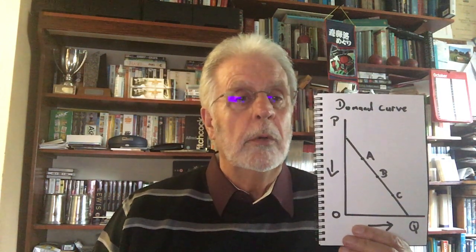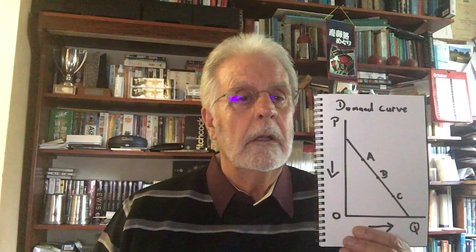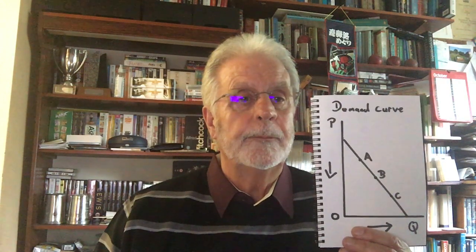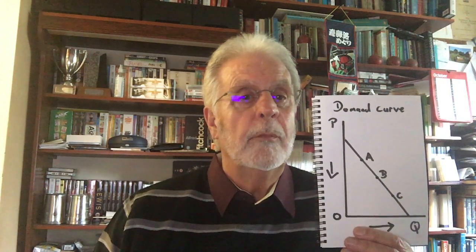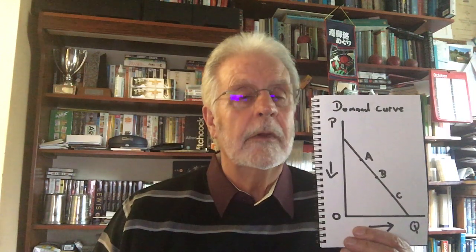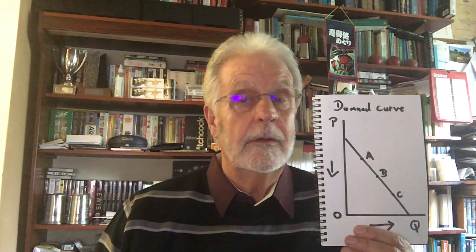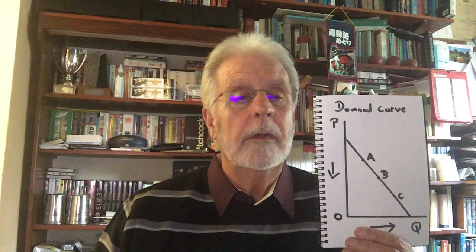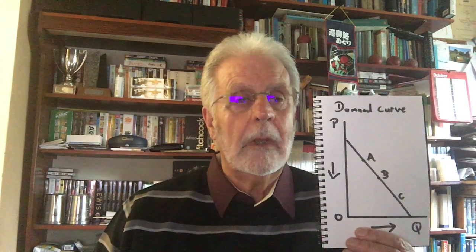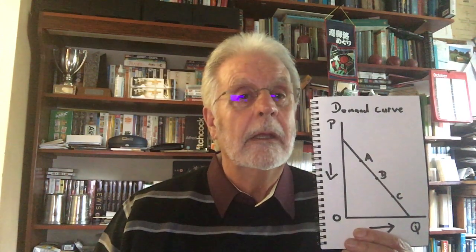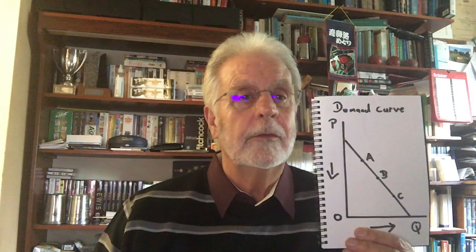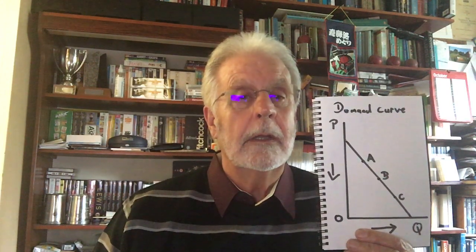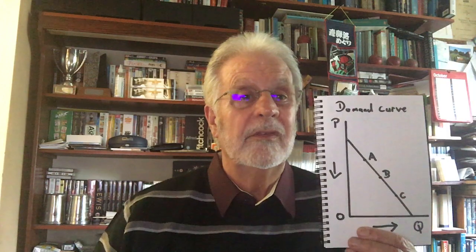I can go to point B and I can measure down that line to the horizontal axis, and I can go from point B and measure on that line up to the vertical axis, and the distances are the same. Now if I put one distance over the other, which is the distance to the x-axis over the distance to the y-axis, then I'm going to get the answer 1, because they're going to be the same number.